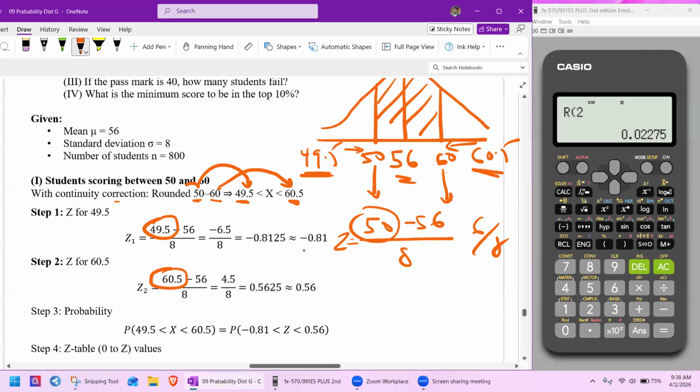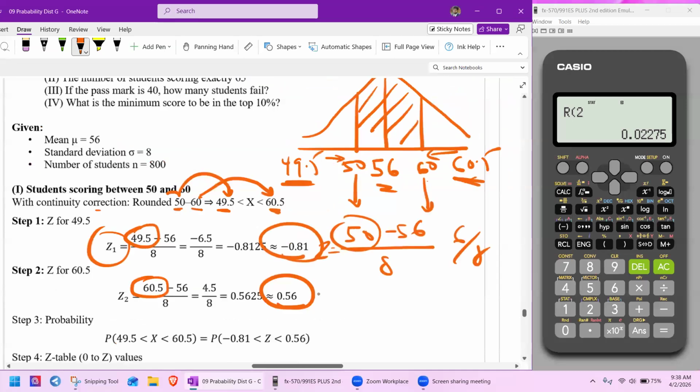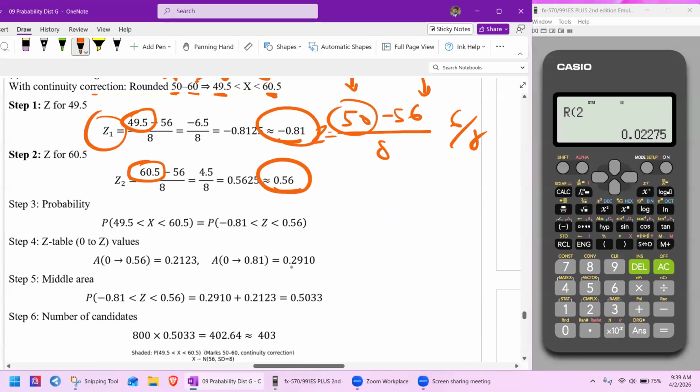If we convert into Z, for 49.5 the Z value is minus 0.81, and for 60.5 the Z value will be plus 0.56. When we look at the table, we can find the probability. For 0.81, the area is 29.10.